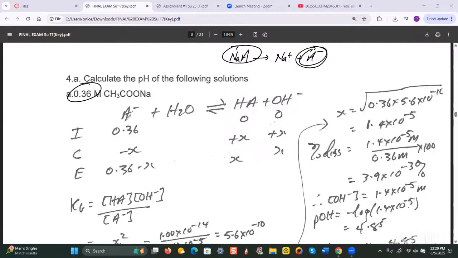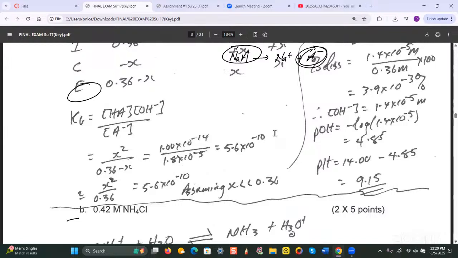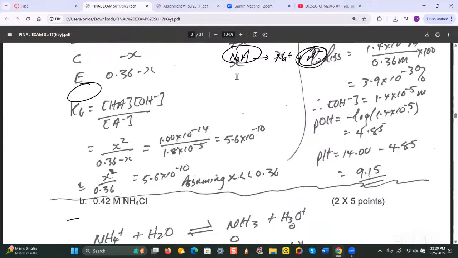So because it's a base, we can write down the equilibrium expression for a base for this system. Kb is equal to the concentration of HA and OH minus multiplied to each other divided by the concentration of A minus at that juncture, right? So scroll down here.